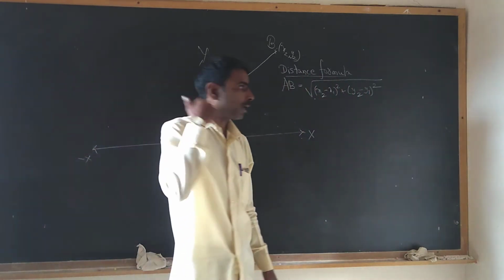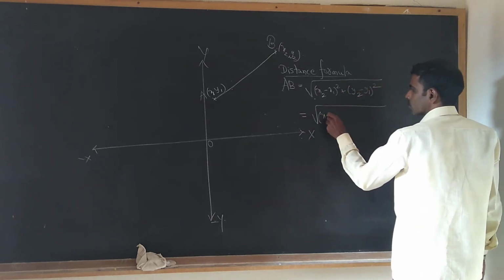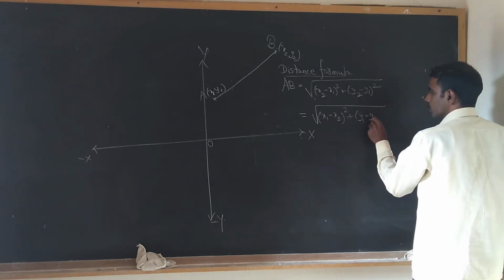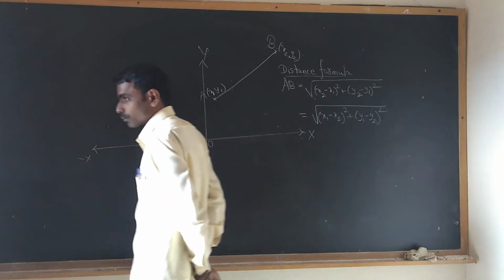The same formula can also be written as root of (x1 minus x2) whole squared plus (y1 minus y2) whole squared. This is the distance formula.